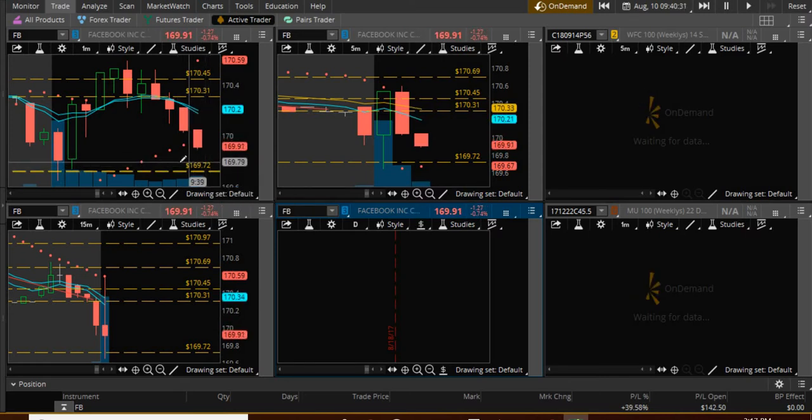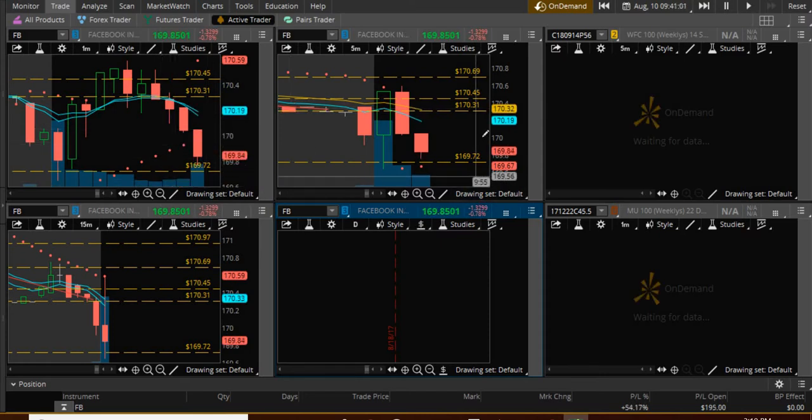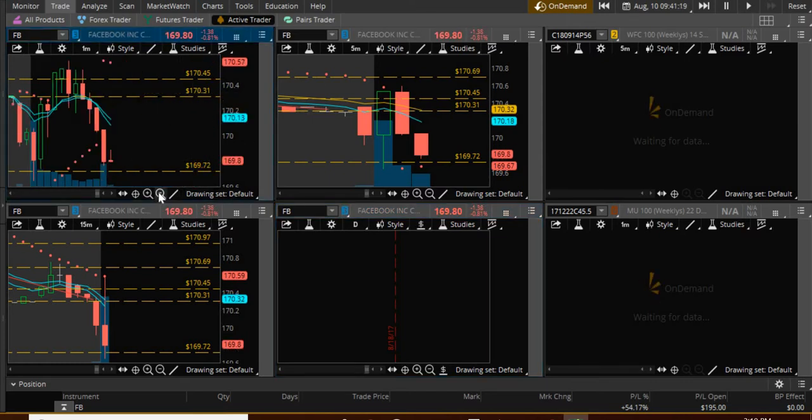This would be the support here to break for us to stay in the trade and lock even more profits. Does that happen?